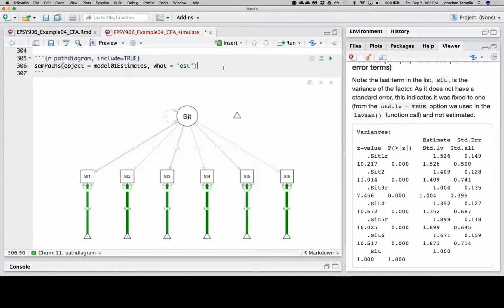Basically, you can just pass your lavaan output to this, and it will draw a path diagram for you. It'll take some tweaking of each path diagram. It's a pretty uninteresting function, so it may take some tweaking of the options to make it look like something you want to show, but this does do it for you. It does it pretty quick.